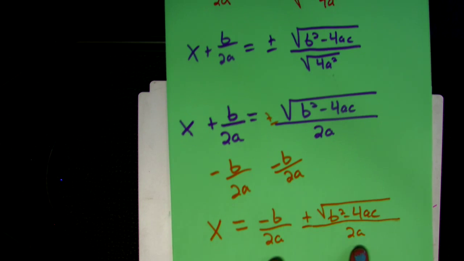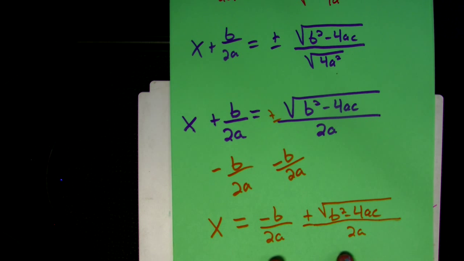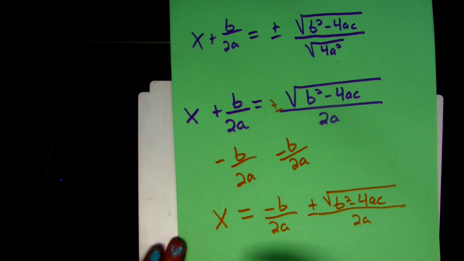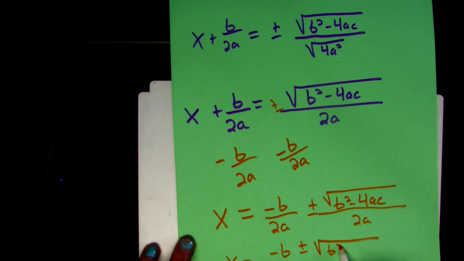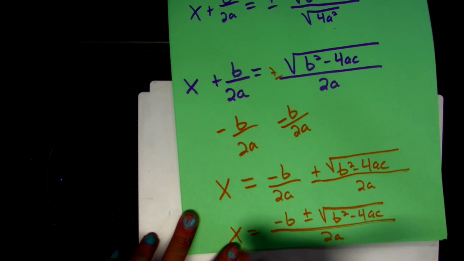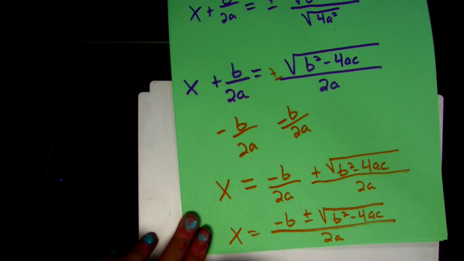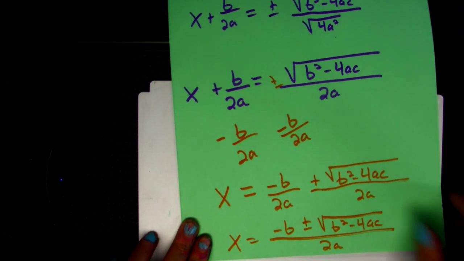Since the denominators are the same, I can go ahead and write this over one fraction. So x is equal to negative b plus or minus the square root of b squared minus 4ac all over 2a. So this is the quadratic formula, which you're going to have memorized.